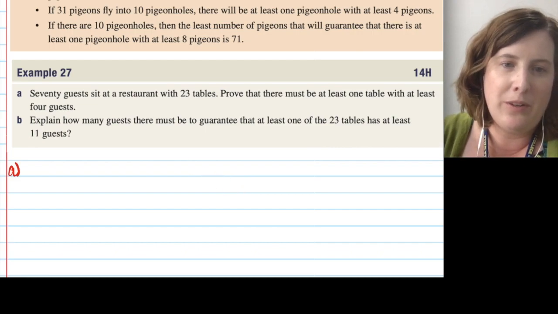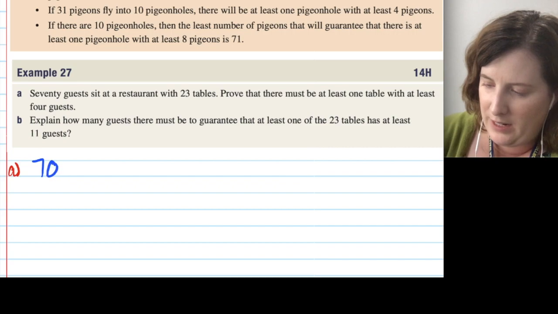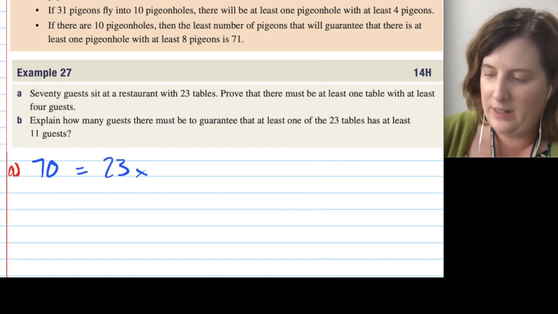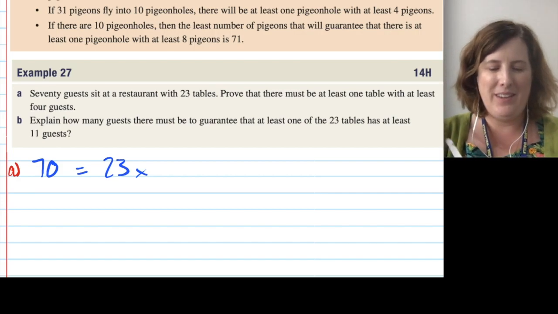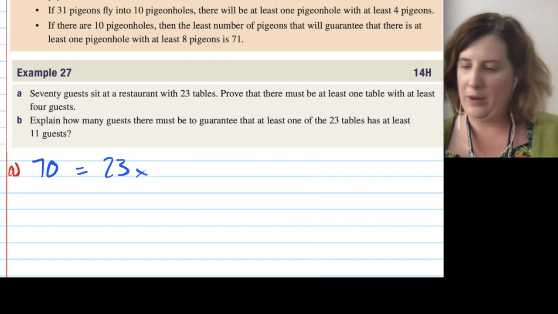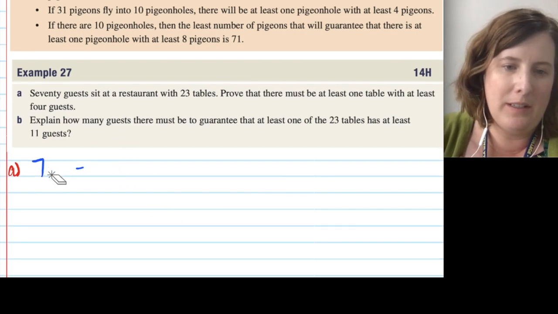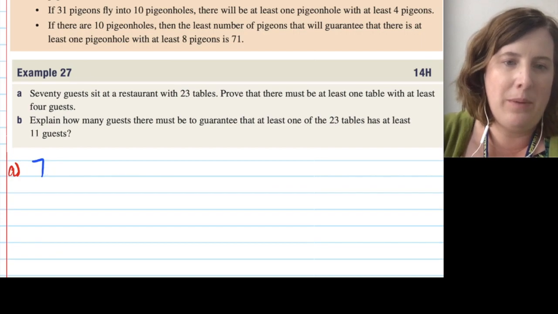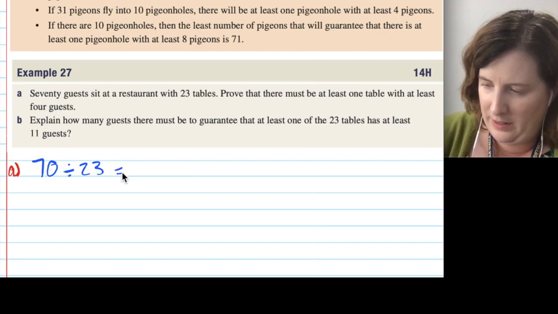But I also know that 70 divided by 23 is 3.04, so 3 and a bit.